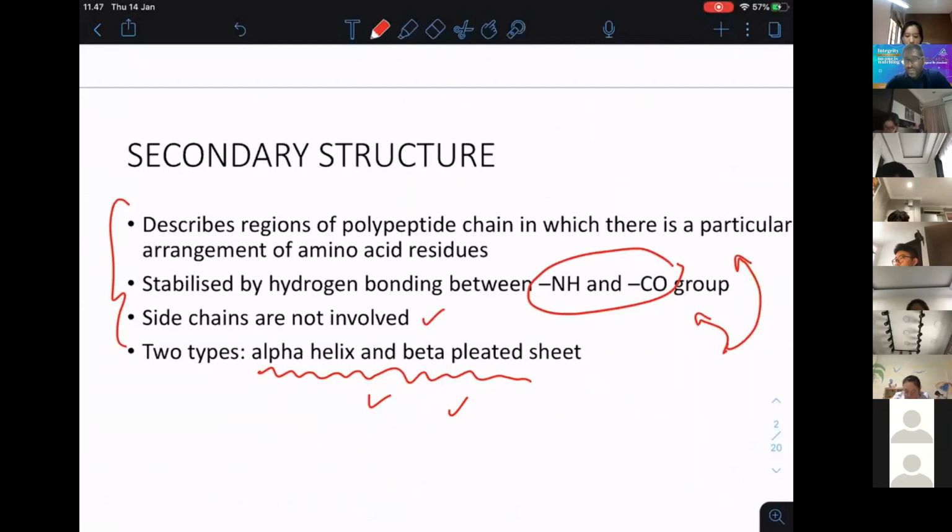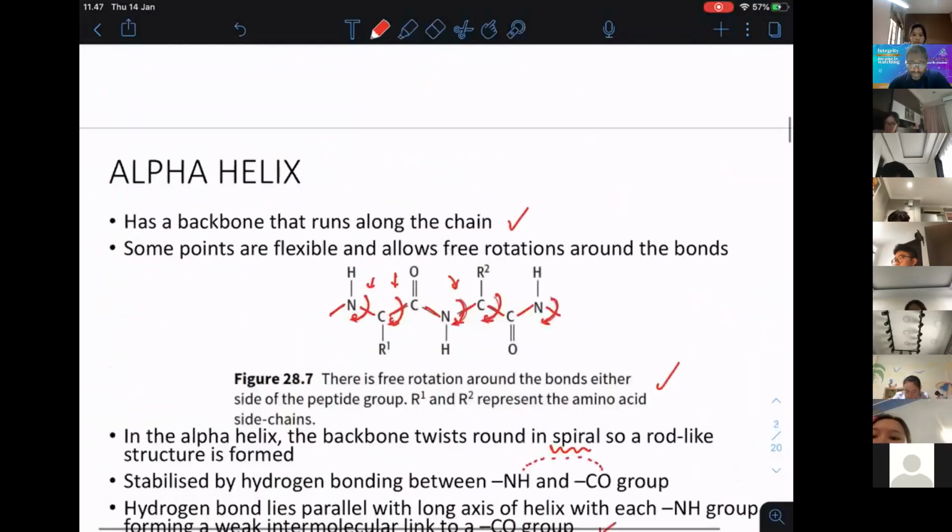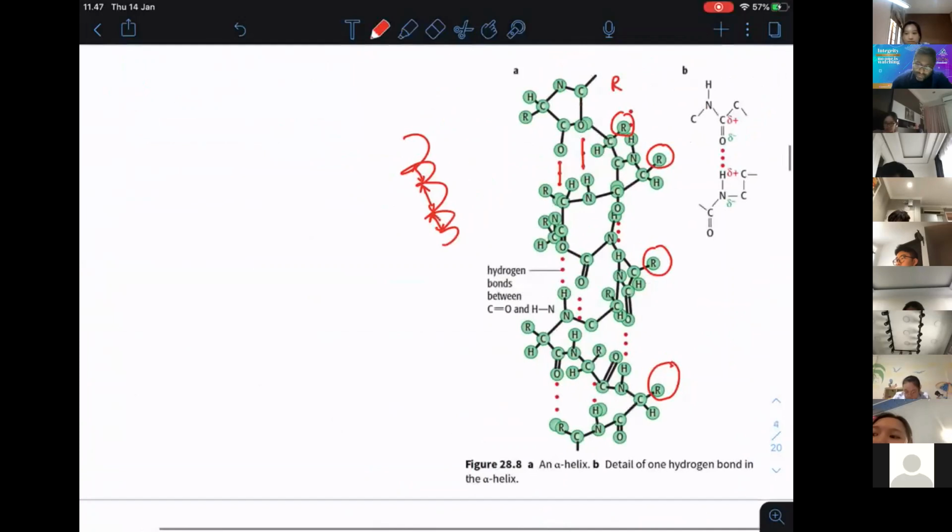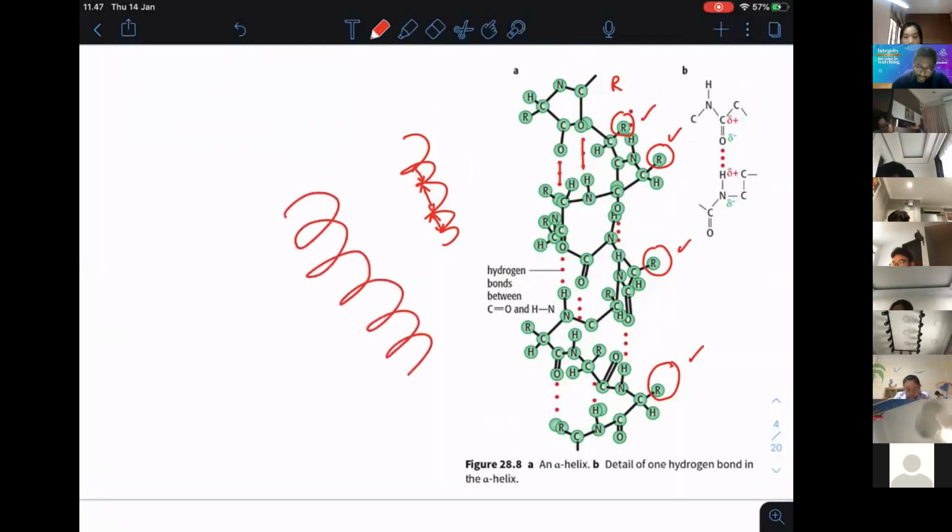So the side chains just stay there, they don't get involved. The spiral that they form is going to be balanced by the hydrogen bonding.